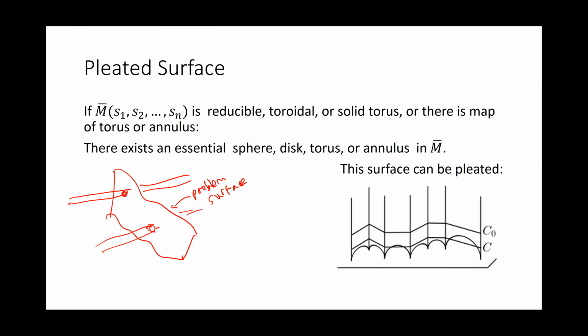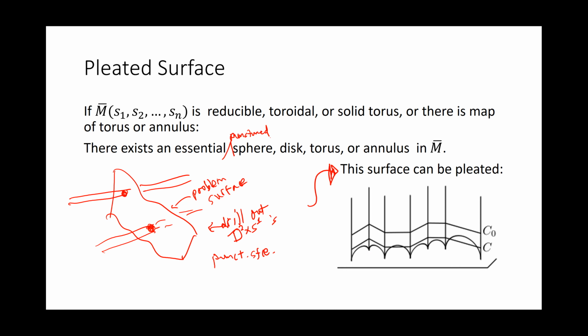So you'll get a collection of meridians on the solid tori that you've added. And when you drill out these solid tori, you're going to get a punctured surface. In fact, you're going to get an essential punctured surface, and the punctured surface can be pleated. Sorry, I should have the word punctured in there.